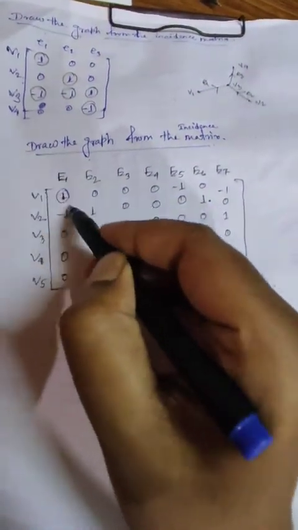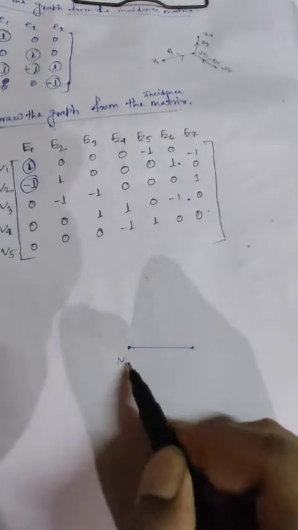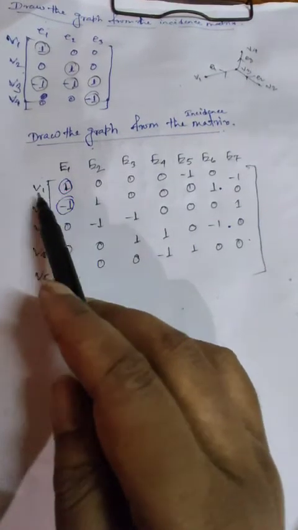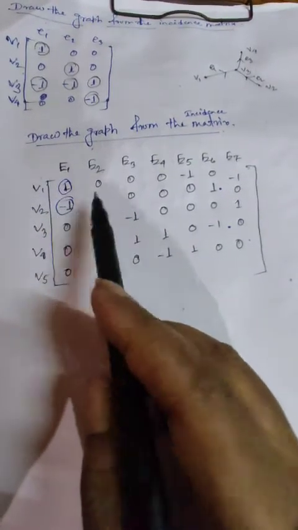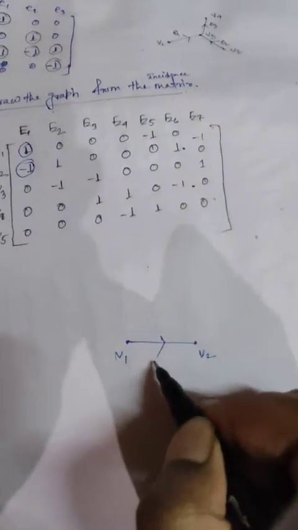Edge E1 is incident with V1 and V2, and from the matrix we can easily say that this is V1 and V2, with 1 and -1. That means incident out at V1 and incident in at V2. So this will be like this. This is the edge E1.